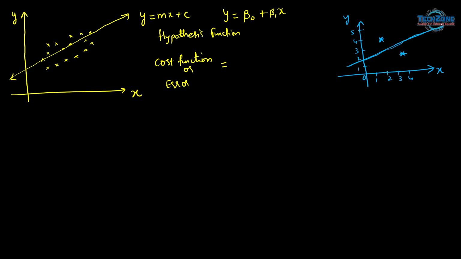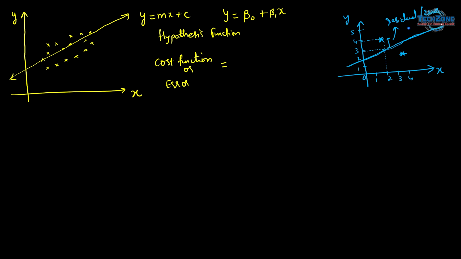So when x is equal to 2, the actual point is equal to 4. But our model is predicting that it should be equal to 3. So what is the error here? The difference, it is 1, right? That is called the residual or error.